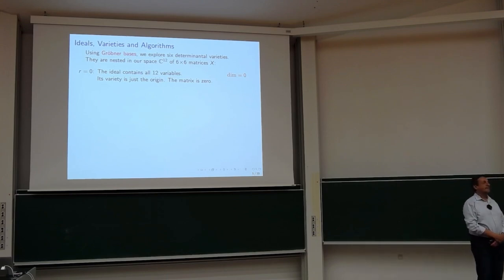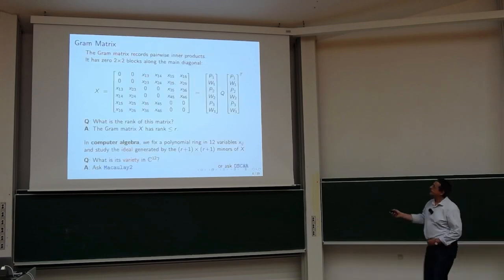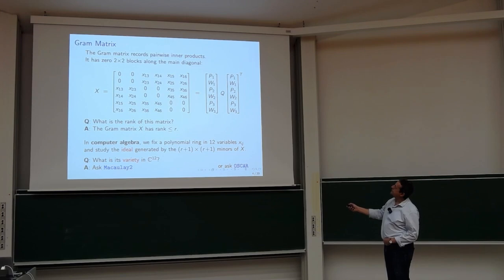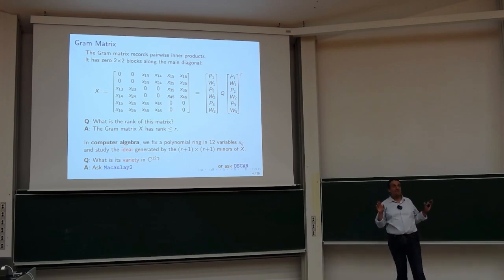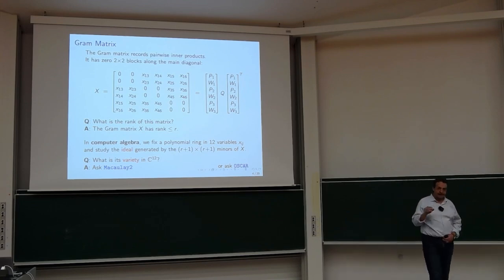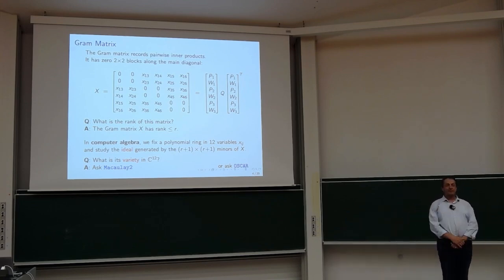Yes? What are the 12 unknowns? Because I could find only 8. Oh, here, x13, x14, x3. So there's 4, 4, and another 4. Right? So this matrix, a 6 by 6 matrix, if it's a general matrix, has 36 entries. If it's a symmetric matrix, it has 21 distinct entries.